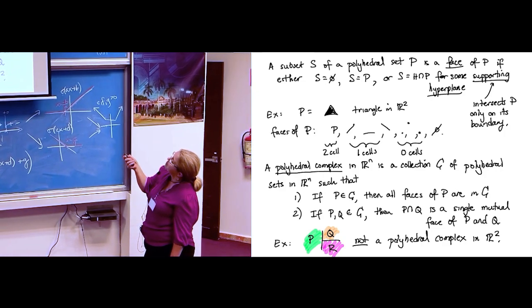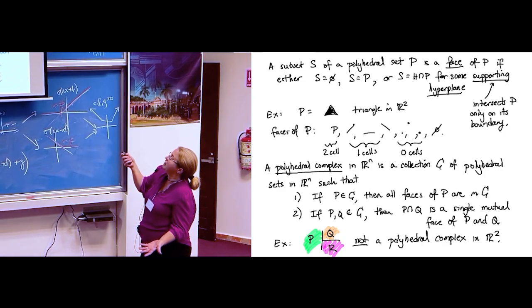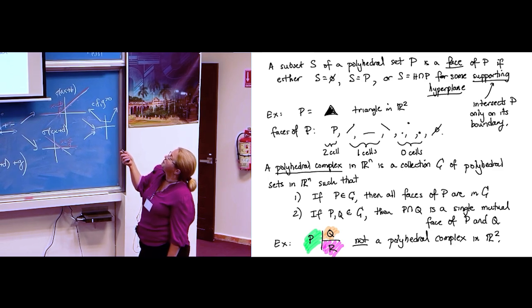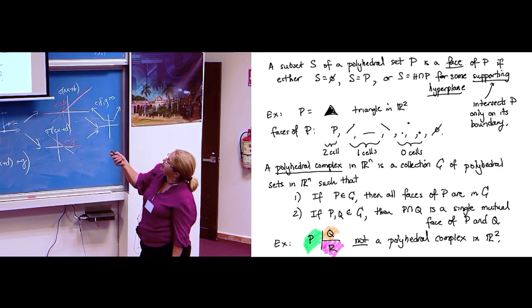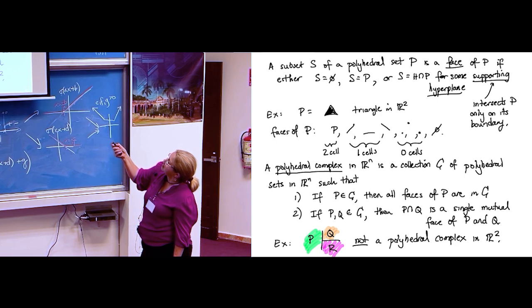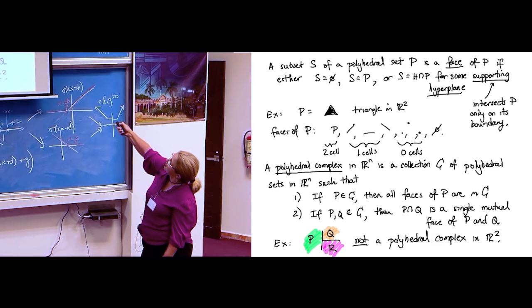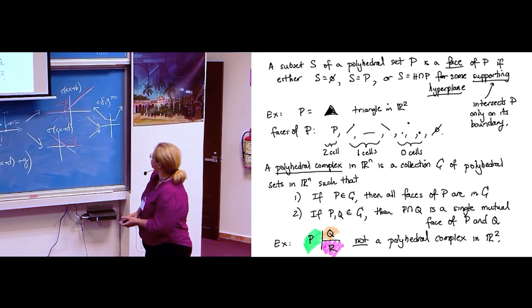A subset of a polyhedral set, I'm going to use P for a polyhedral set, is called a face of that polyhedral set if either it's empty, it's the whole thing, or it's the intersection of your polyhedral set with some hyperplane that touches it, but only on its boundary.